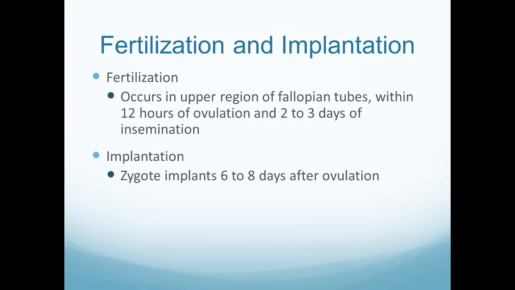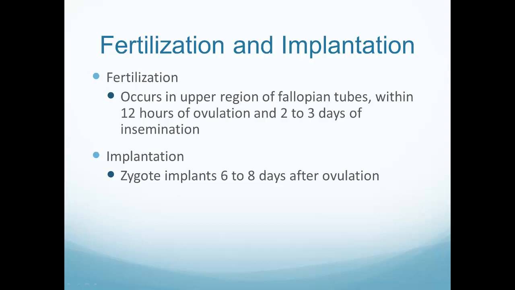So then we move on to fertilization and implantation. So we have the development of the uterine wall, and now we're getting ready for fertilization and then implantation. Fertilization is going to occur in the fallopian tube itself about 12 hours after ovulation and within 2 to 3 days of insemination.